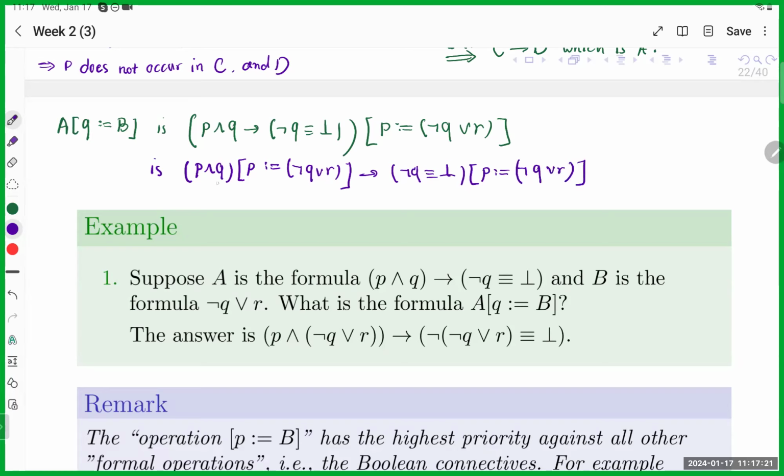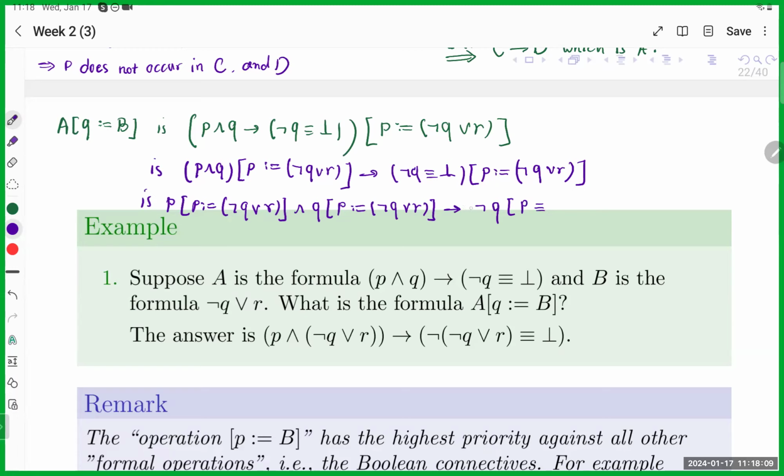Now, if you apply this further, inside P, substitute P with negation of Q or R, and inside Q, substitute P with negation of Q or R, implies negation of Q. I'm going to skip some of the steps at least.